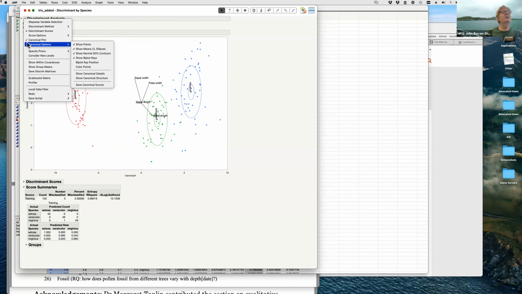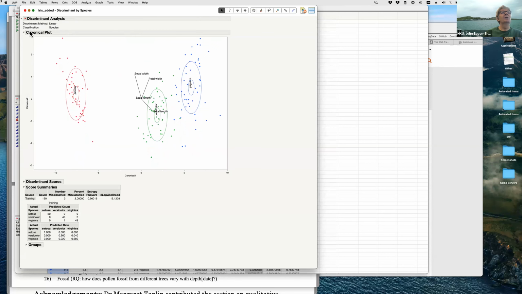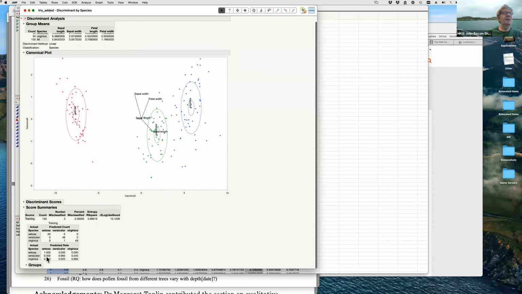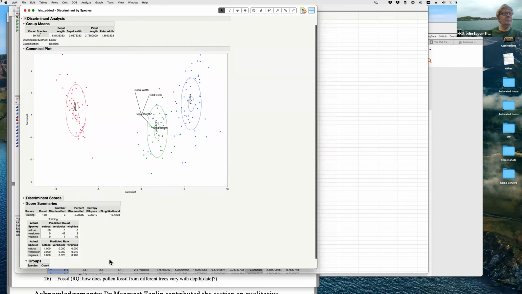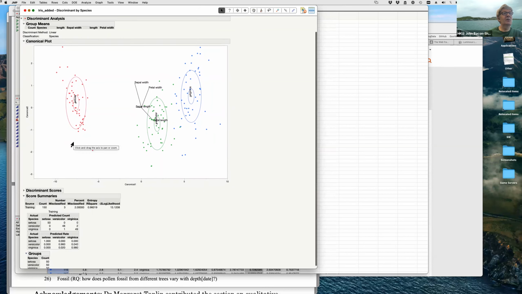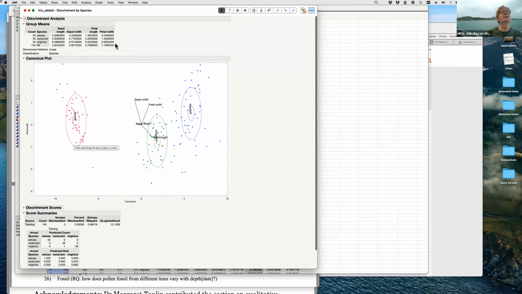This is just more details about all of this. We can also show the group means. So this is helping us to understand how the groups are different. Where did my group means go? Oh, here we go. So this is telling us that if we compare on sepal length, you can see they're roughly 5, 6, 6.6 sepal length.